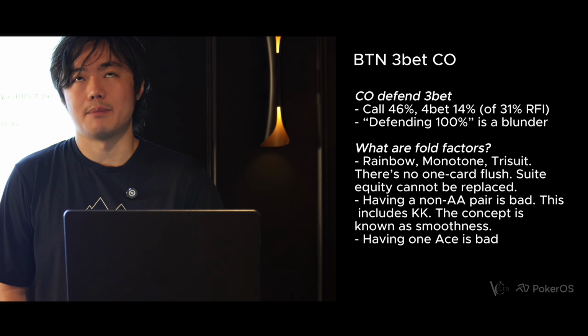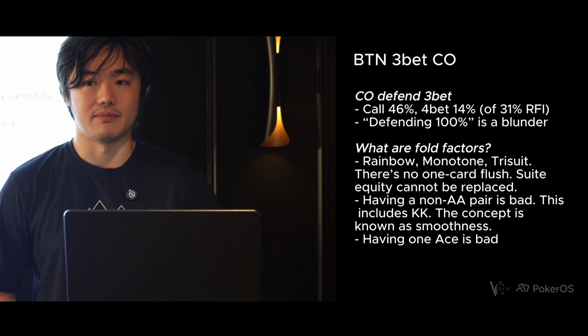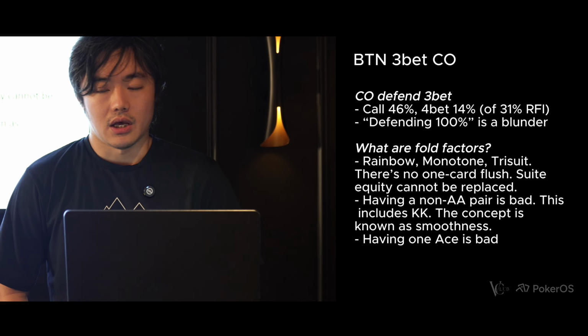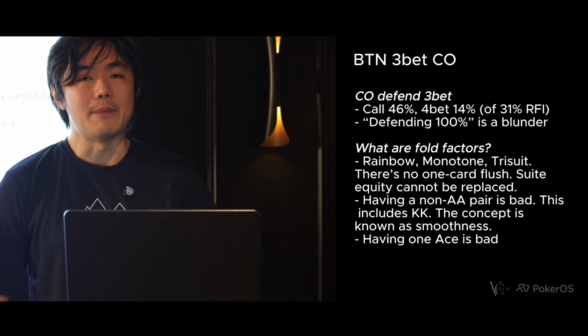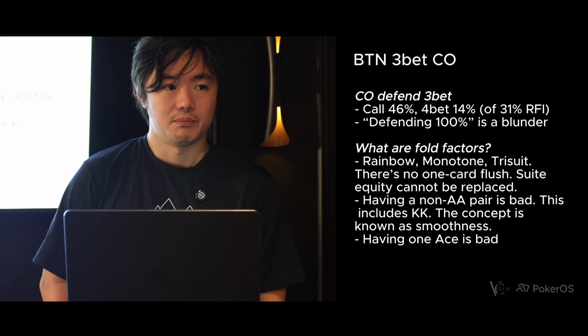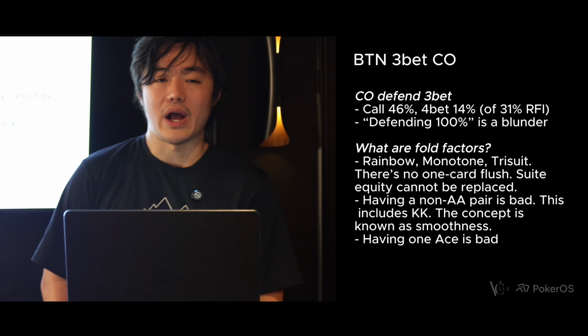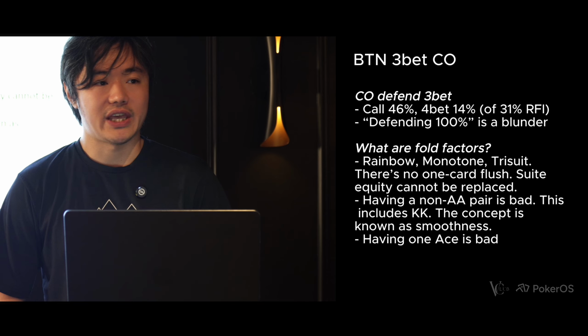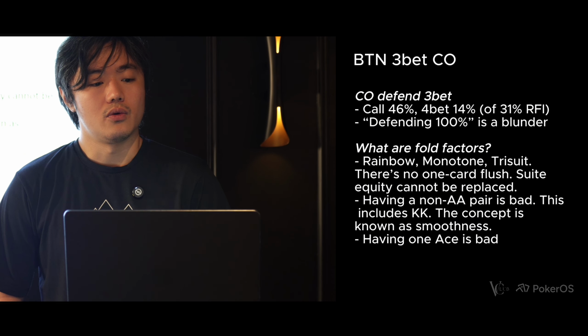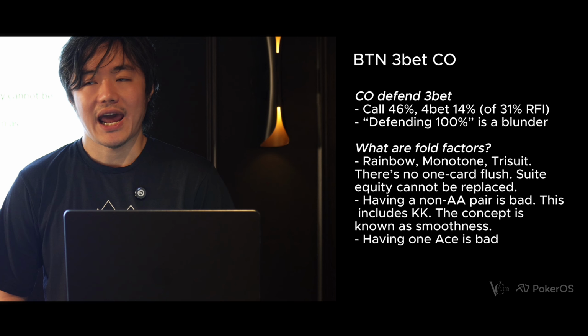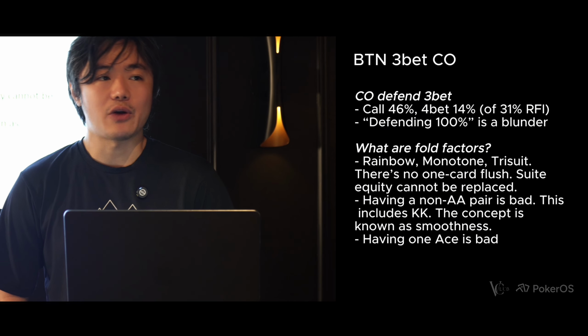The reason is PLO has a different rule than Hold'em, that you have to play 2 cards. This has a massive impact on flush because in Hold'em we can make a 1-card flush and in PLO we cannot. So having a suit or not has a direct impact on the equity you have.